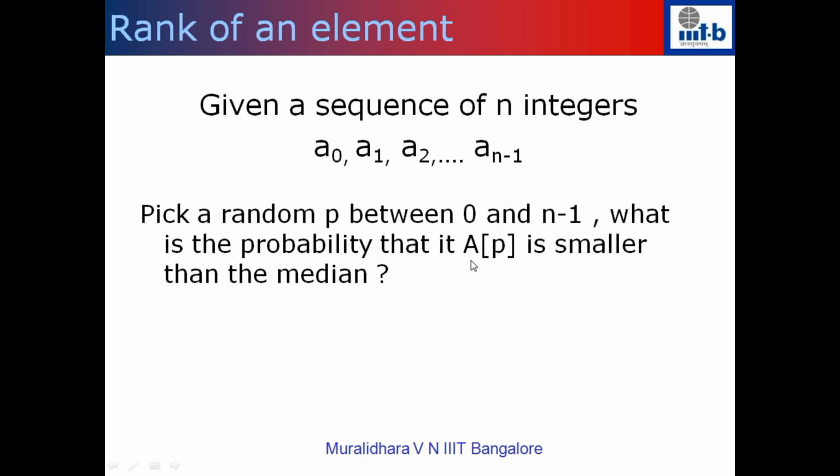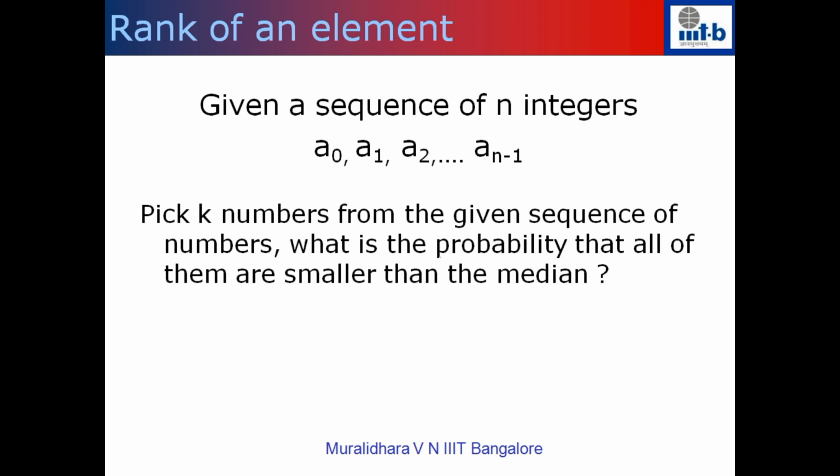So if I had to give you a number which is bigger than the median, and I randomly pick one of the numbers and give it to you, the probability that this is the right answer is 1 by 2. So we repeat this experiment k number of times. Let me pick k numbers randomly from the given sequence of numbers. So what is the probability that all of them are smaller than the median?